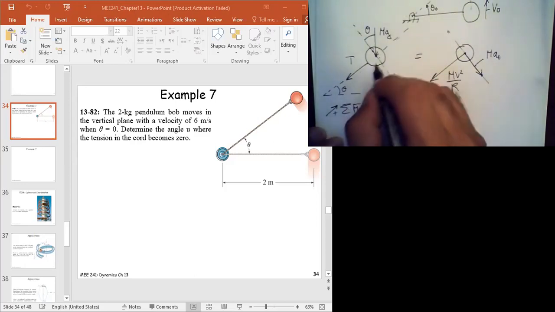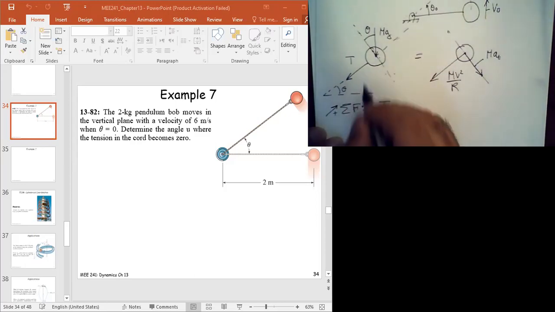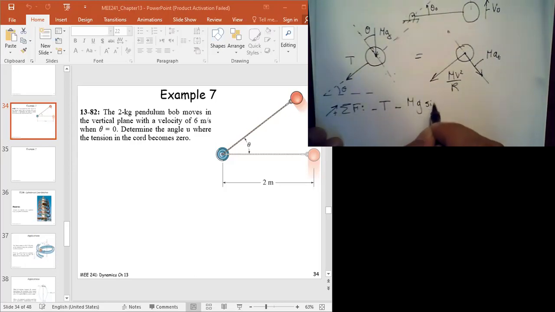Why? Because this arrow is actually pointing against the direction which I'm assuming to be positive, right? So minus mg sine theta. Okay, very good. It's going to be equal to what? How about on here? Also minus, right? So minus mv squared over r.